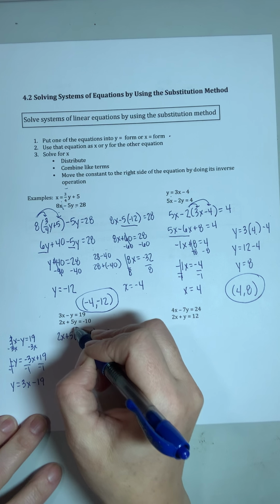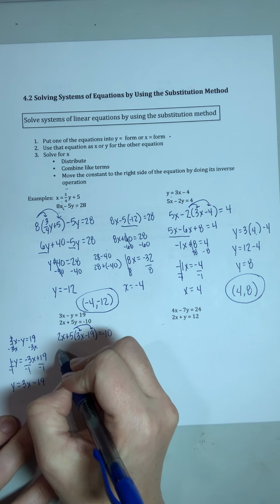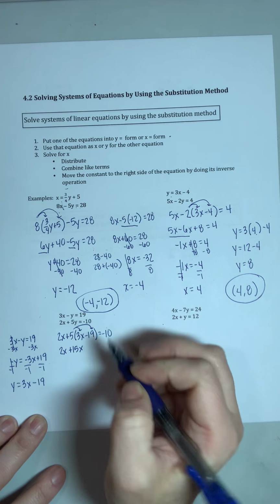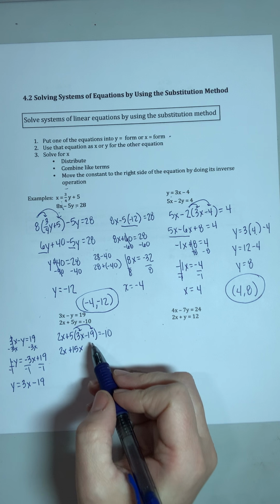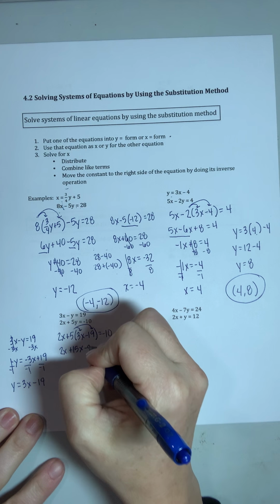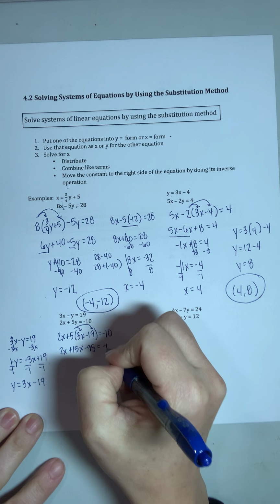Okay, so if I do my distributing, I have 2x plus 15x, and then positive 5 times negative 19. I want to do that off to the side. 19 times 5, oops, is 95. So negative 95 equals negative 10.